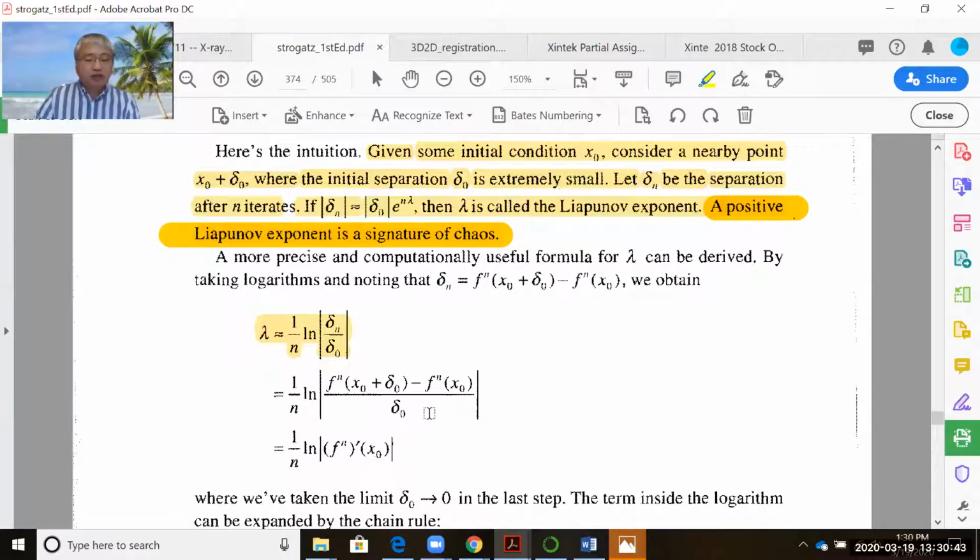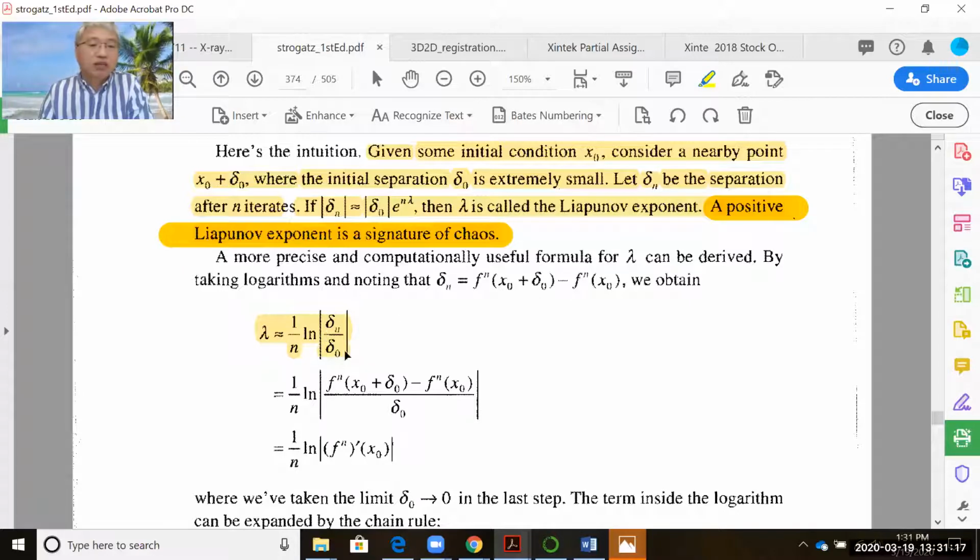Now notice that the object is finite, so for a numerical calculation like this, you need to take the initial delta naught small enough so that the separation can grow. If your initial separation is big, and after a couple of iterations the separation is already as big as the object itself, then this numerical calculation may not be accurate. So to calculate this numerically, you basically need a sufficient number of iterations over which this can change.